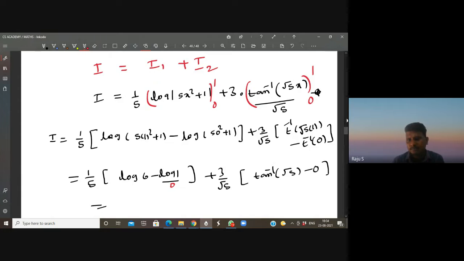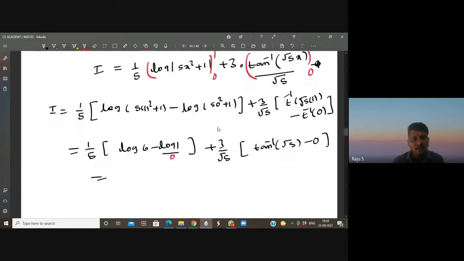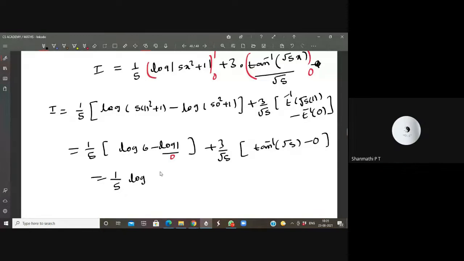Sriniti, is it log 1 is 1 or 0? 0. Sriniti. Shanmati. Yes, sir. Yeah.